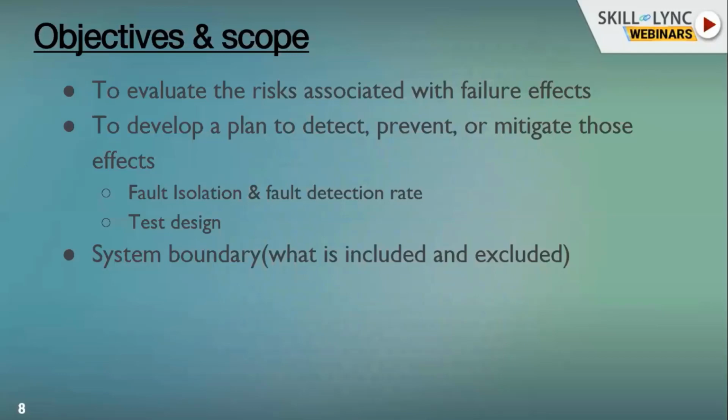There are other applications people do. Other objectives can be to give a maintenance plan or service plan, like deciding when the car should be taken to service: every year, after 5,000 miles, what should be done, or at 10,000 miles, what parts or components need to be changed. That comes as an output. You use the FMEA output to define those maintenance or servicing schedules.